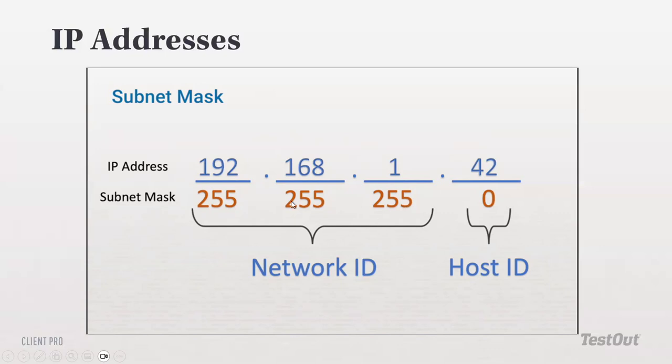Fundamentally, what we're doing here is saying that wherever there's a 1 down here, that is the network portion of the address, and whenever there's a 0, that's the client or host ID portion of this IP address. So all computers on this network, with this subnet mask, have a network address of 192.168.1. All computers that share that network address, you don't have to route in between.